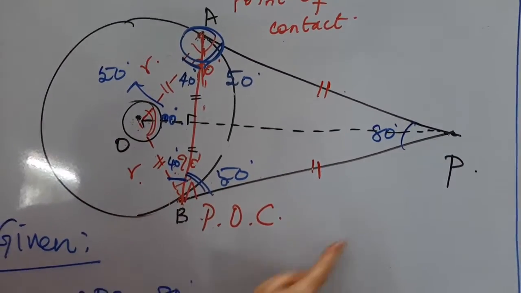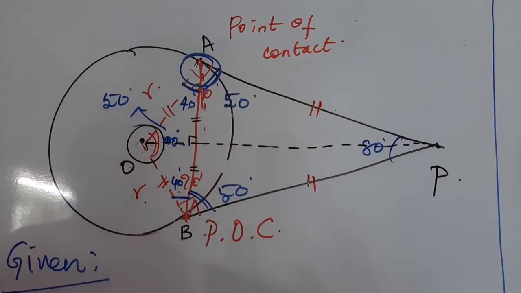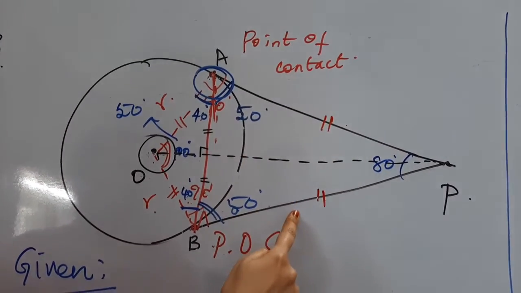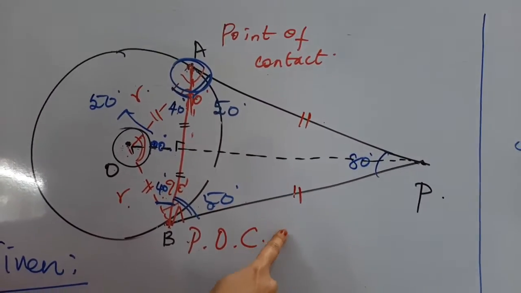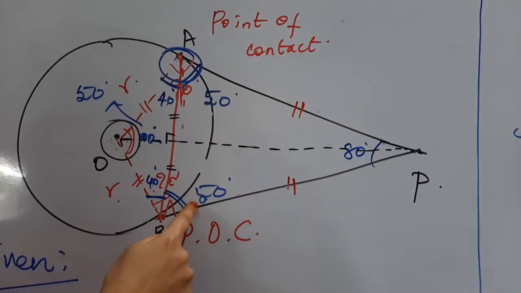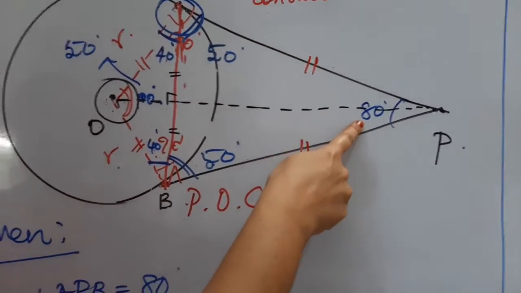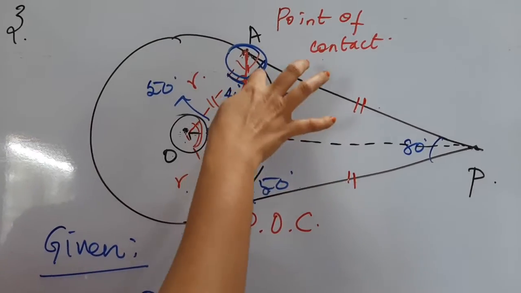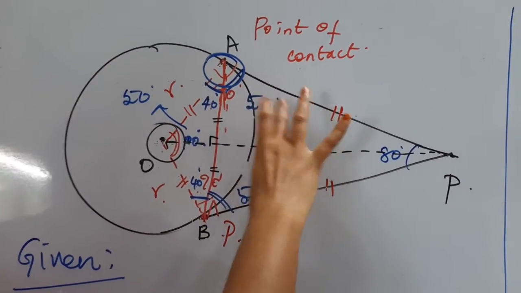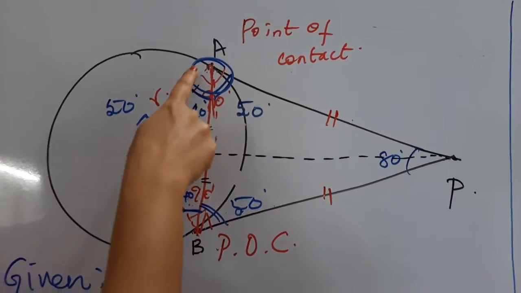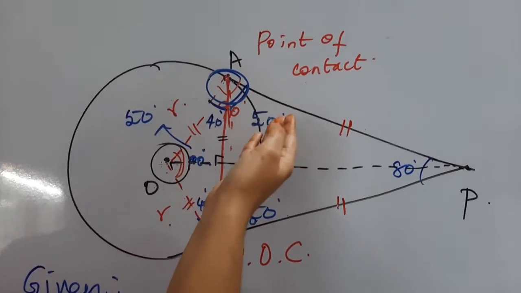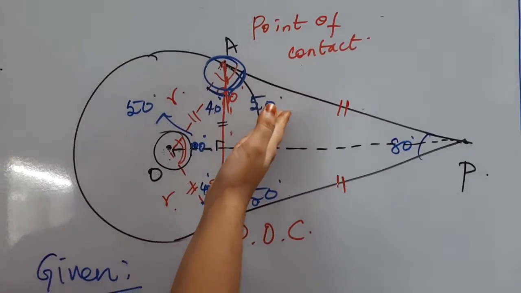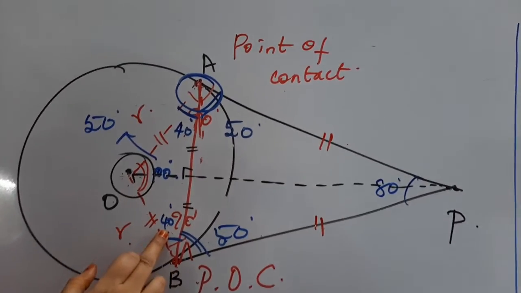The first triangle is PAB, an isosceles triangle, because the tangent lengths are equal. Then by angle sum property, the remaining angles sum to 100. One angle is 80, so the sum of the other two angles must be 100. And since those two angles are equal, we got that as 50. Now in the point of contact, out of 90, we found one portion of the angle is 50, so the remaining we found as 40.